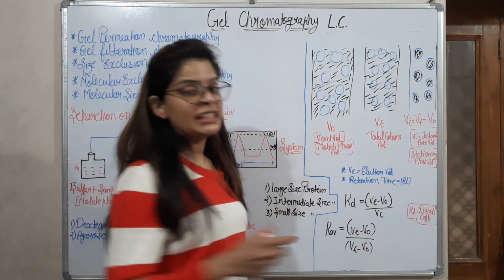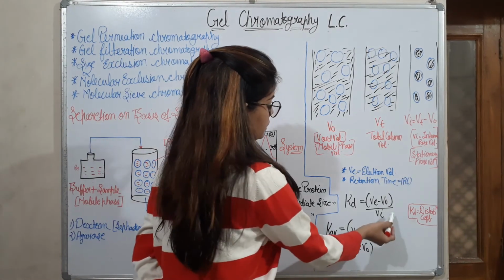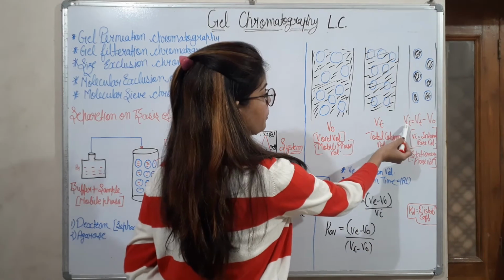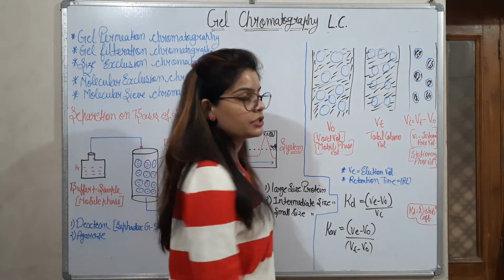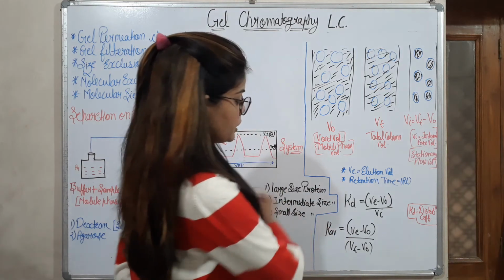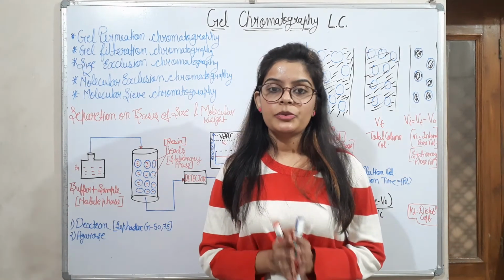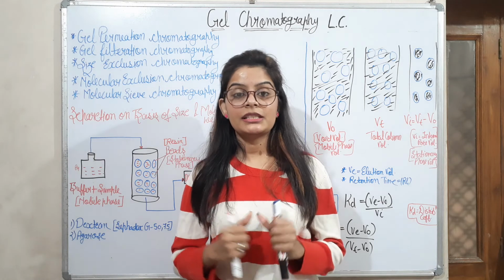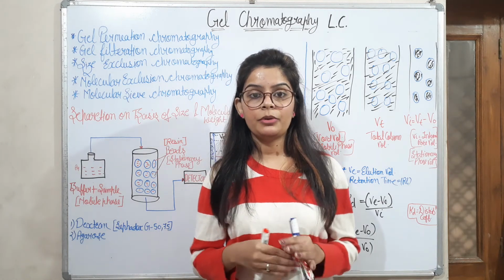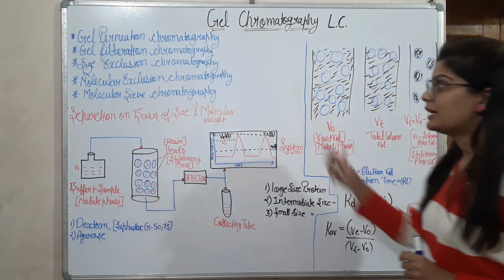When we are calculating average, we have to substitute the value of VI. From here VI is equal to VT minus VO, so we can calculate the average from here. By calculating the distribution coefficient, we can calculate the molecular weight of the sample we have taken, which may be protein or polysaccharide or nucleic acid. So this is all for gel chromatography.